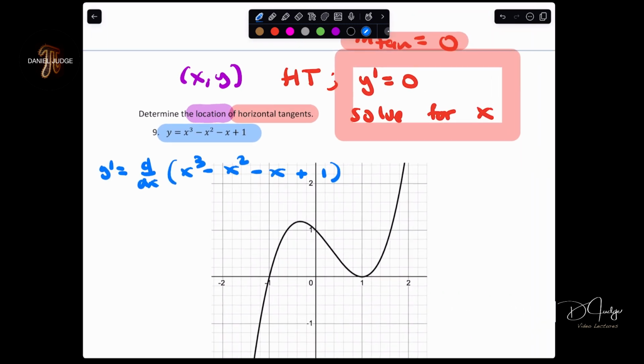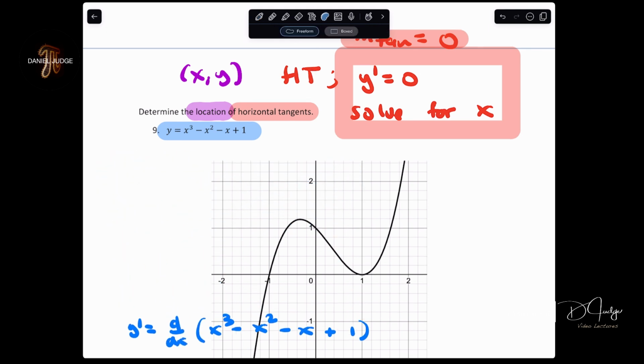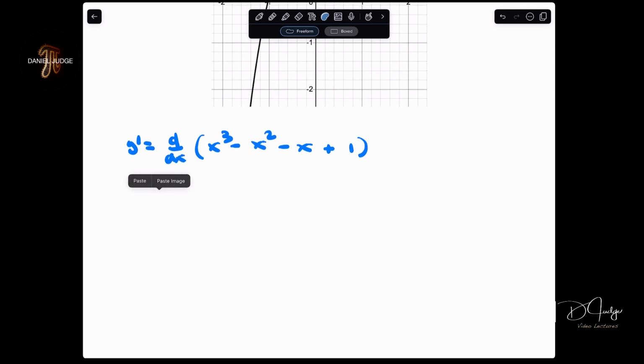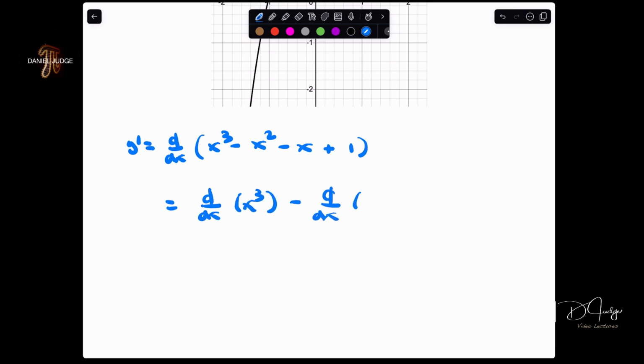So I'm going to take that derivative and differentiate all the terms.